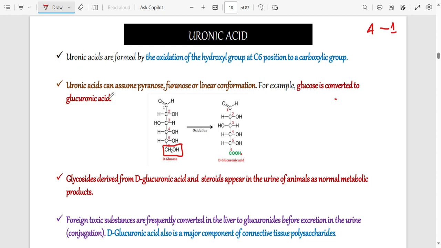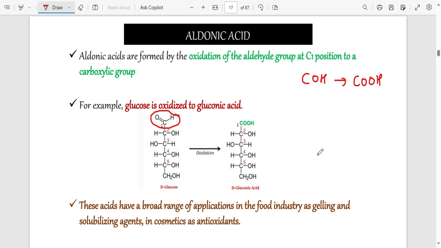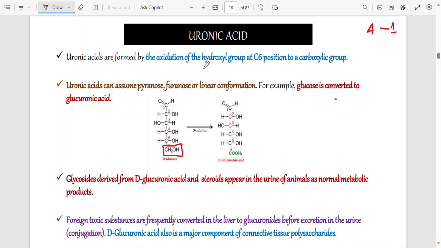It became glucuronic acid. Different from aldonic acid, where from glucose we removed the OSE and added the last 4 letters of aldonic, and it became gluconic. You need to know how, because I can give you an example, and if you don't know, you can't identify what happened.